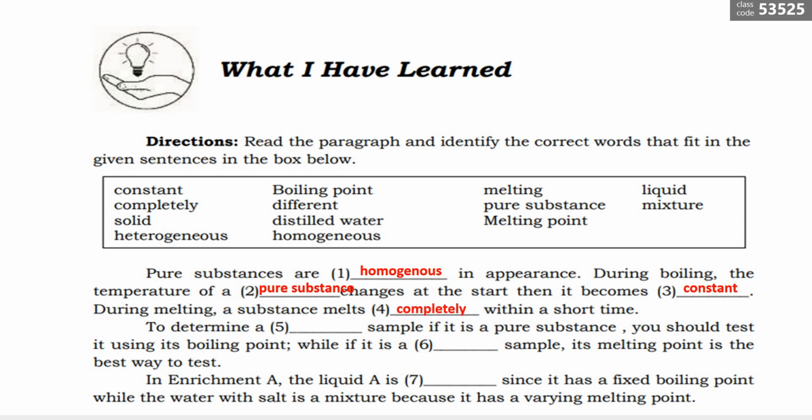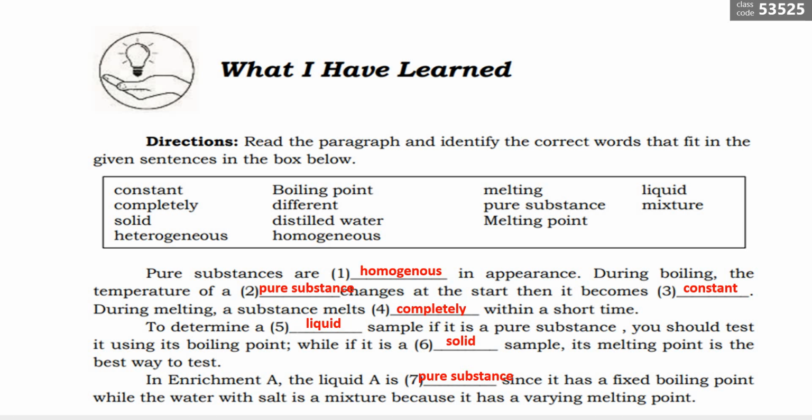To determine a liquid sample, if it is a pure substance, you should test it using its boiling point, while if it is a solid sample, its melting point is the best way to test. In enrichment A, the liquid A is a pure substance since it has a fixed boiling point, while the water with salt is a mixture because it has a varying melting point.